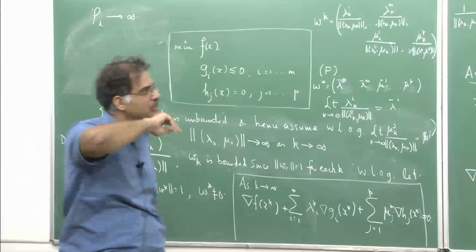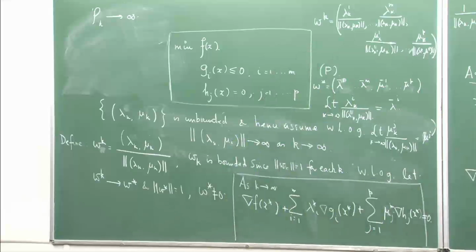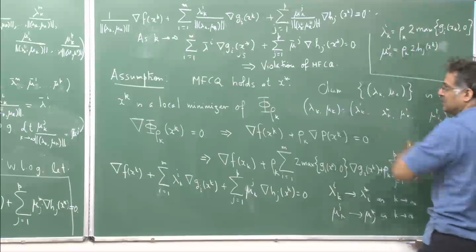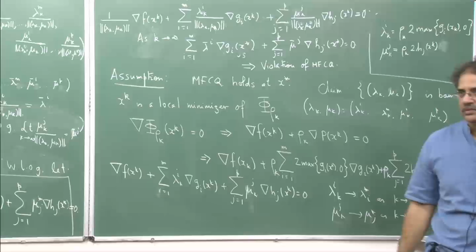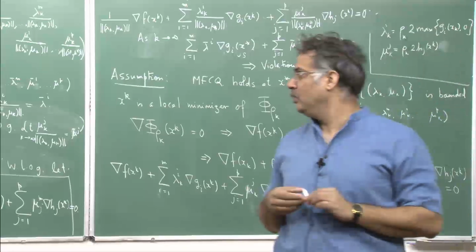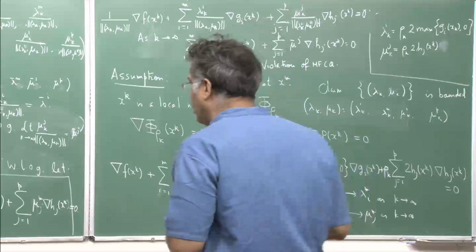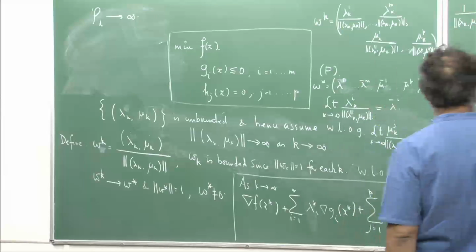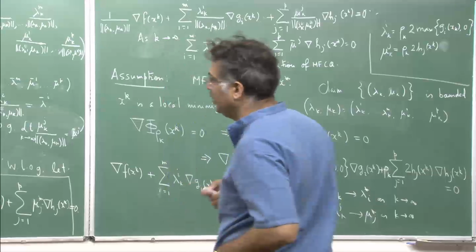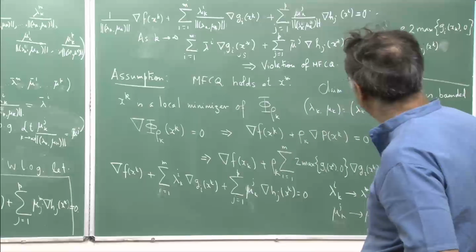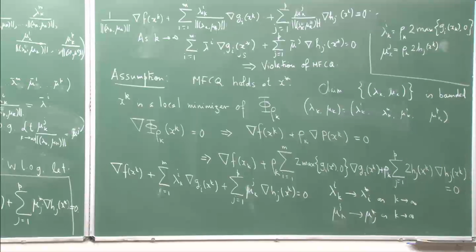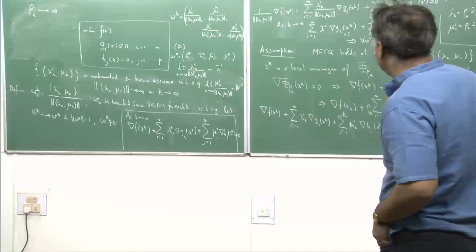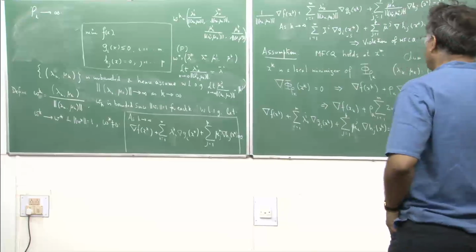Rho_k itself is an unbounded sequence, but the product makes a bounded sequence. Now, what I have to really prove is the complementary slackness condition, the last part of the Karush-Kuhn-Tucker condition. Now, rho_k is unbounded and lambda_i^k is bounded, so it might look very strange to many people. But let us now argue how we would look at it.